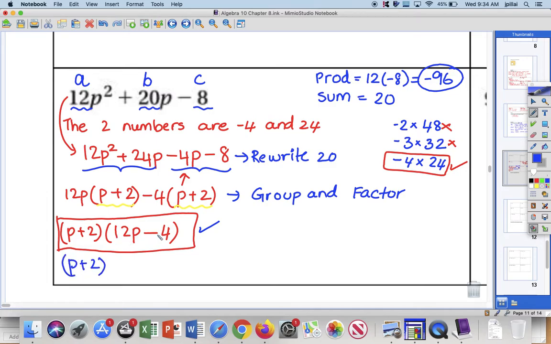Between 12 and 4, the common factor is 4. So factor out a 4. That leaves you with 3p minus 1. Now it looks like p plus 2, 4, 3p, but let's rearrange it. We always put the constant up front. 4 times p plus 2 times 3p minus 1.